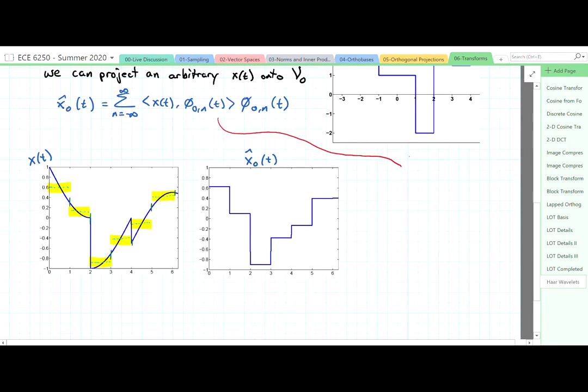So let's introduce some more compact notation, and we're going to say that x hat 0 of t is equal to this projection operator onto V0 of x of t.